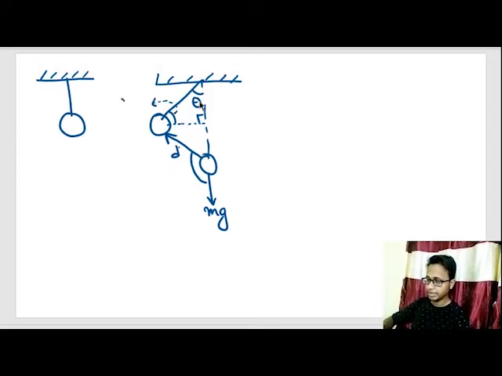Now we know that this angle and this angle is equal to 90 degrees. Why? Because the tangent and the string are always perpendicular. So if this angle is 90 minus theta, this angle automatically becomes theta.